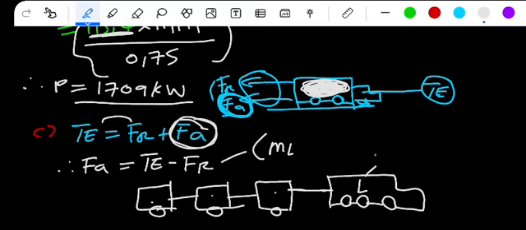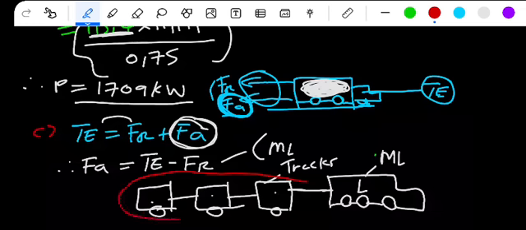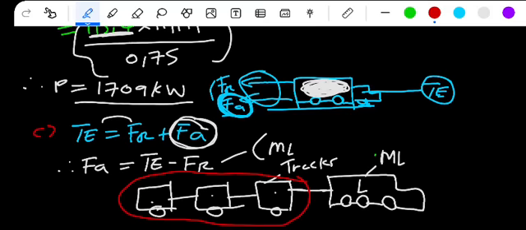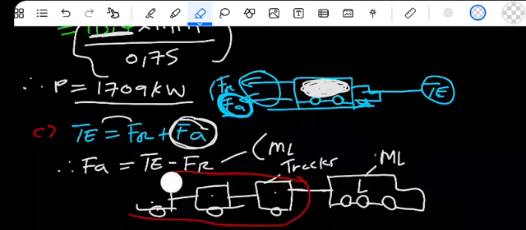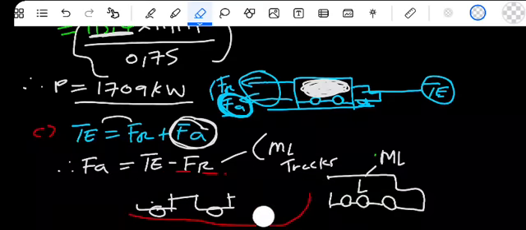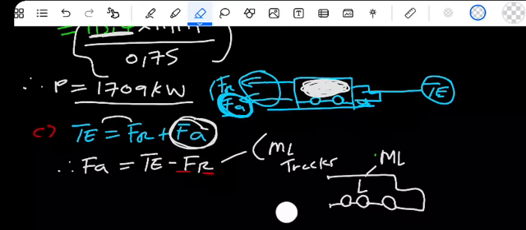So we'll use the mass of the locomotive for now. They can sometimes ask you to calculate the number of tracks, but we are not there for now. Let us continue where we left off.